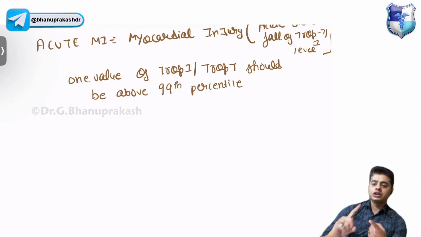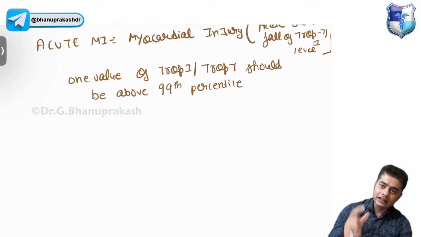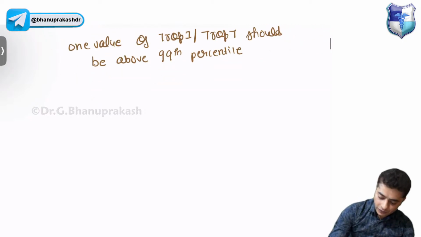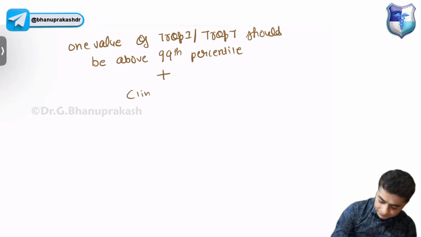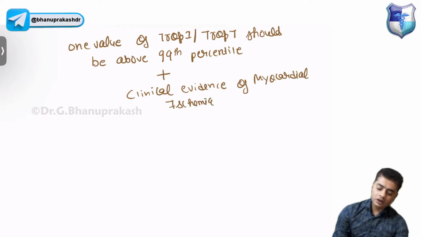Okay, so there should be an acute rise and fall of Trop I, and one of the values should be above the 99th percentile. Then you will say that this is a myocardial injury, plus clinical evidence of myocardial ischemia. So what is clinical evidence of myocardial ischemia?